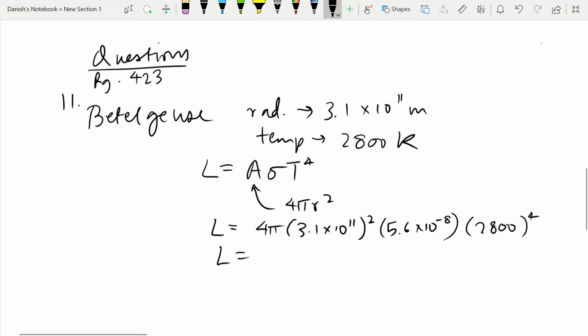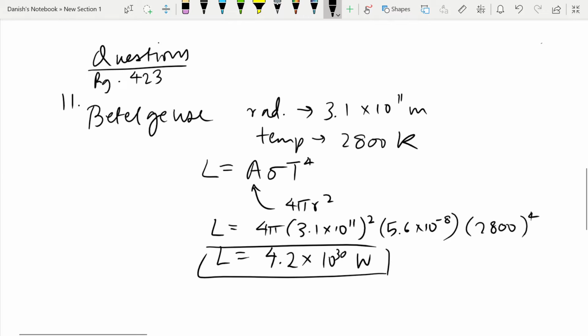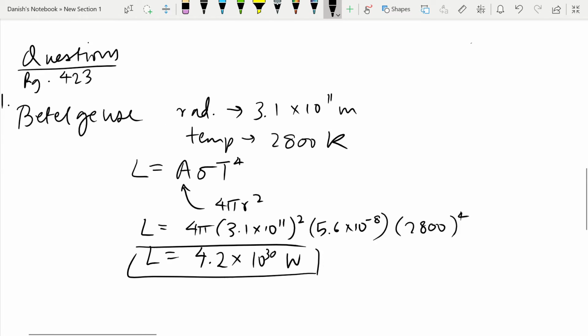Again, very high luminosity. The luminosity is measured in watts, about 4.2, with some calculator magic we can find out, times 10 to the 30th watts. That's our final answer. That's a very big answer. I don't know about you guys, but that looks very big to me. Let's move on to the next question.